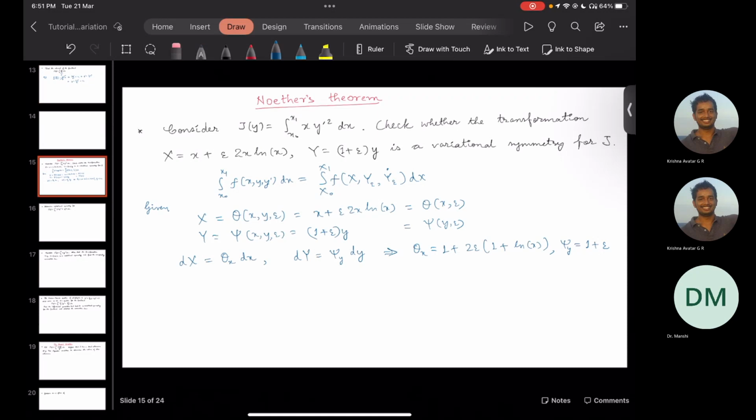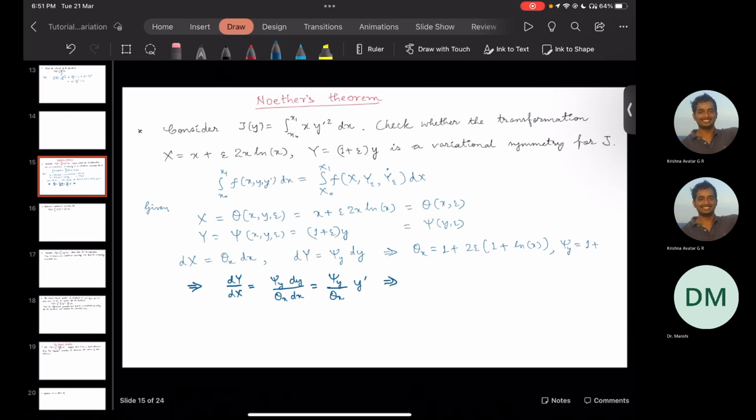Now what we do is let's divide this expression by this expression, right? And you'll see why we are doing it. So dY by dX is equal to psi y dy divided by theta x dx, and this is nothing but psi y by theta x times dy by dx, which is y prime, isn't it?